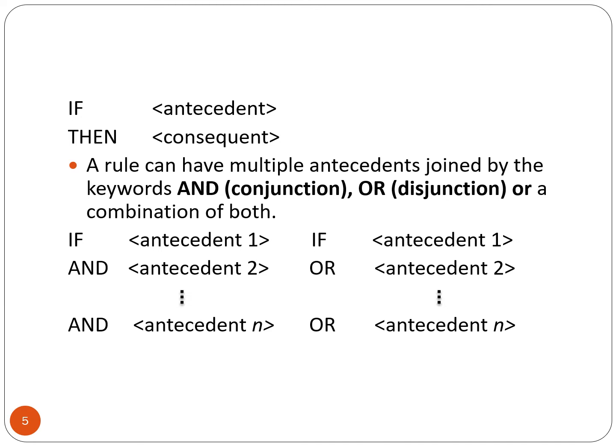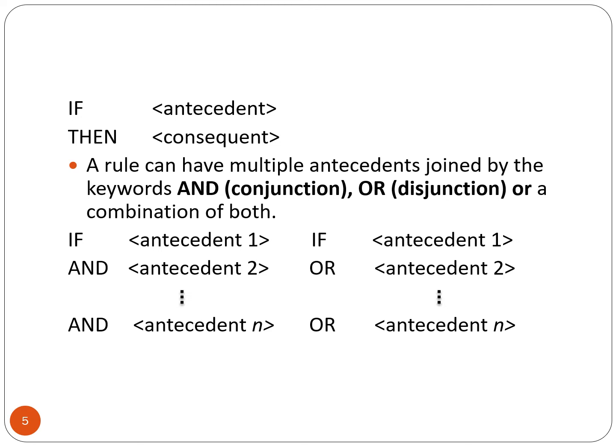Or you can have if the first antecedent, or with the disjunction, the second antecedent, and so on. You can have more than one. This is the structure of the rule.